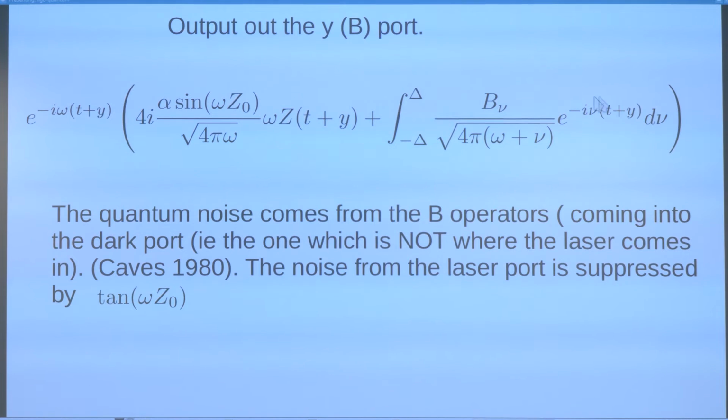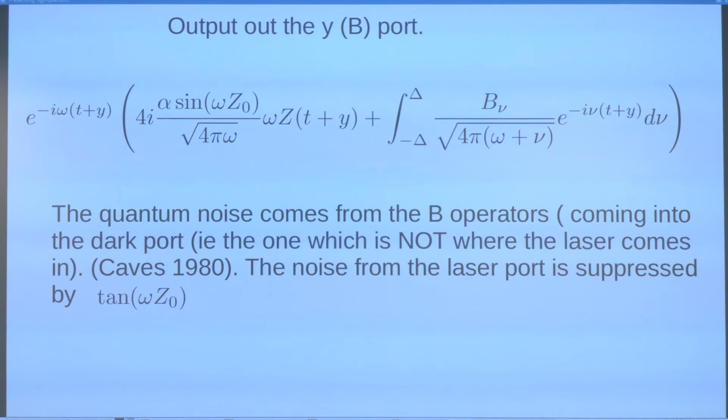There's a tiny little factor which refers to the annihilation and creation operators that came into the bright port, but they're suppressed by the same amount as this term which suppresses the coherent light that came in, and a little bit leaked out of that port. So one of the first things to know about LIGO is all of the noise doesn't come in with the laser, it comes into the dark port.